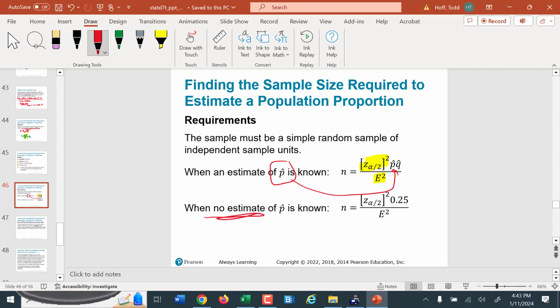If we do not have an estimate for P hat, we use P hat equals 0.5. Of course, if P hat equals 0.5, then Q hat would also equal 0.5. So that part that's P hat times Q hat would be 0.25. This is the worst case scenario. This is going to give us the largest possible required sample to get within that margin of error.